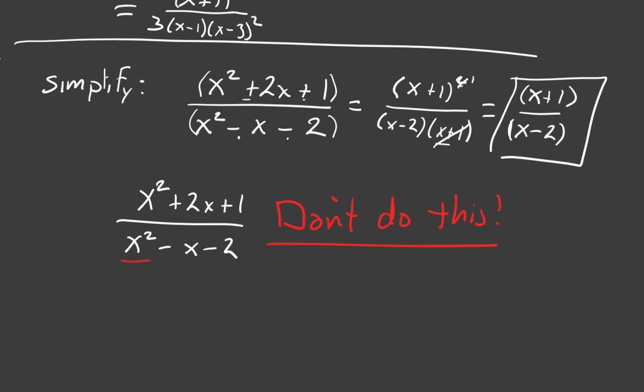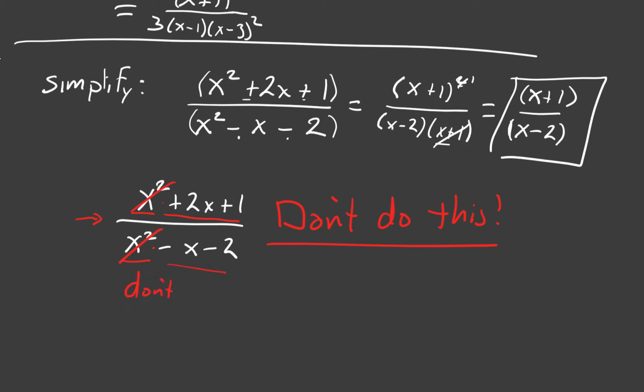You see an x squared here and an x squared here. You can't cancel them. This x squared is not being multiplied by all of this stuff. This is not a multiplication, it's an addition. So you can't cancel these x squareds because this x squared is not multiplied by all this stuff.